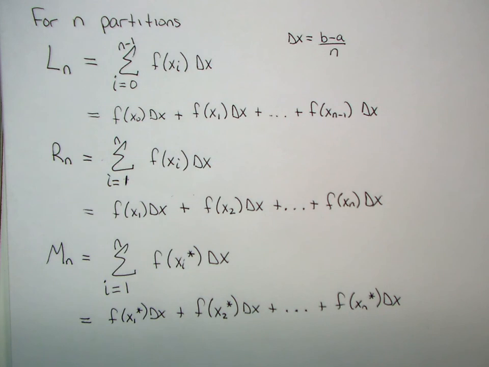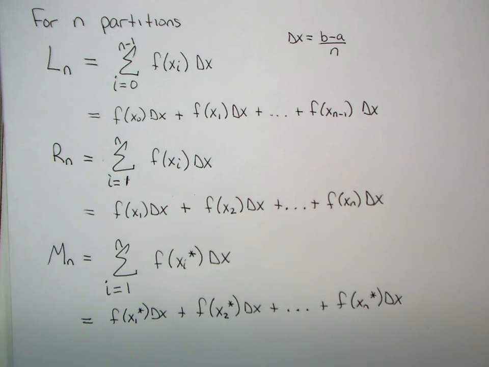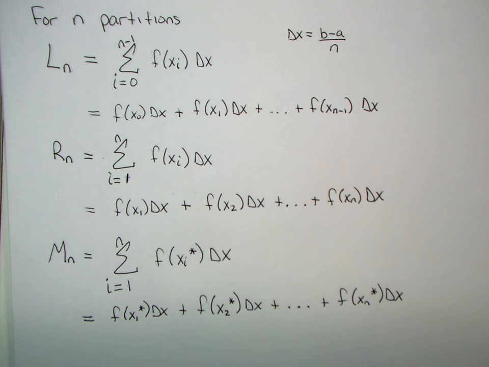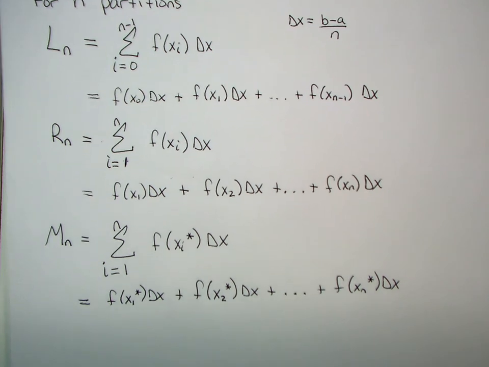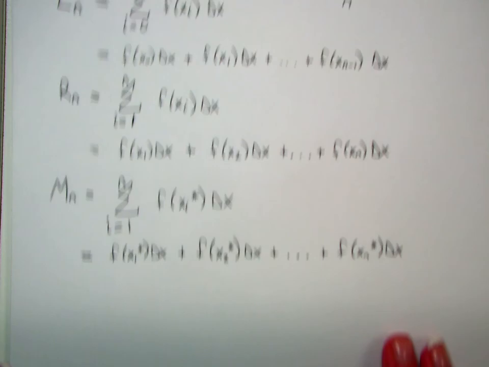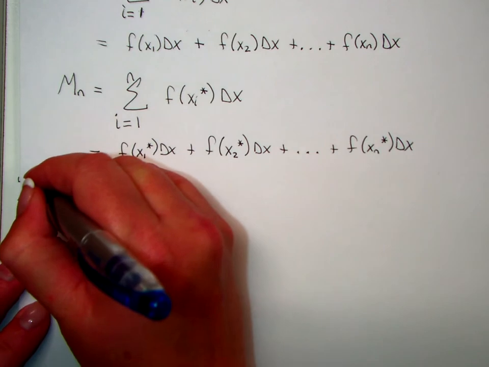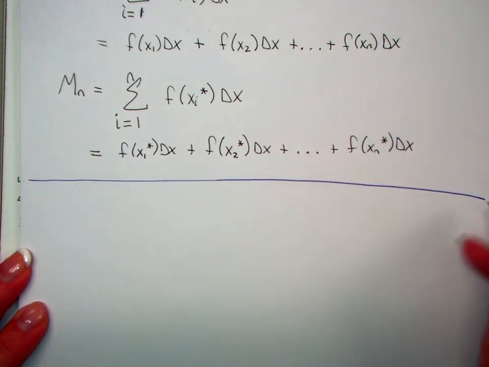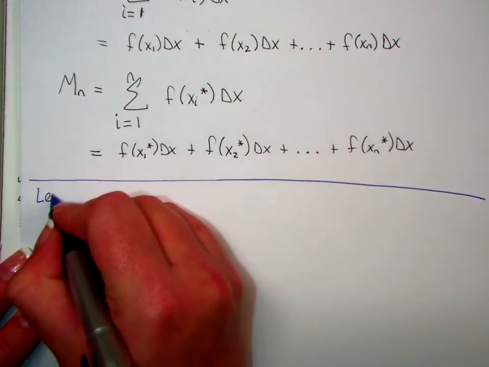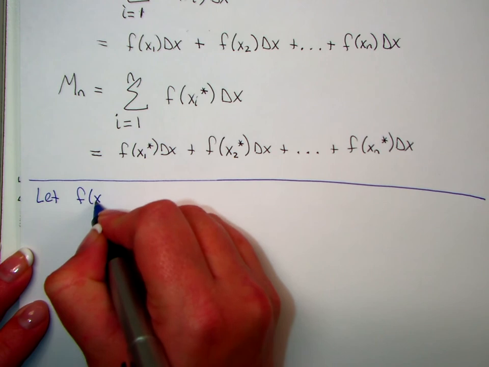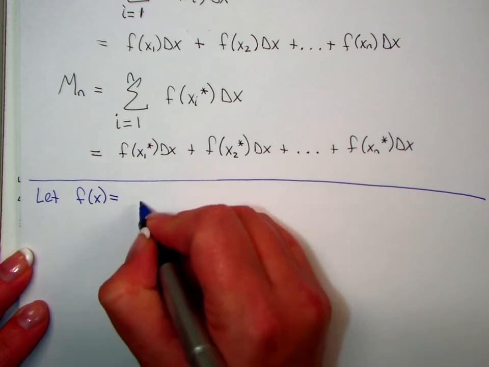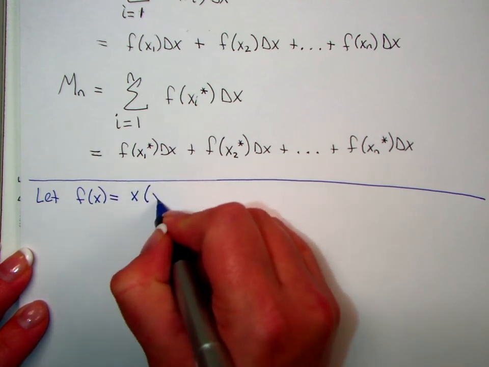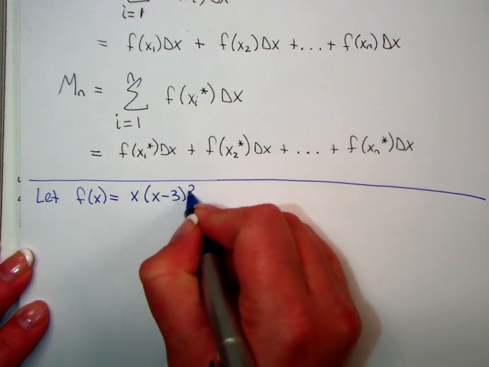All right, so let's do an actual problem here, and let's go ahead and calculate the area under the curve for a particular function. So we're going to let f of x equal x times (x minus 3) squared.